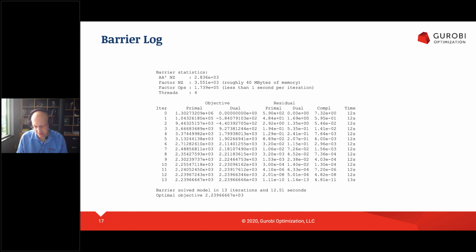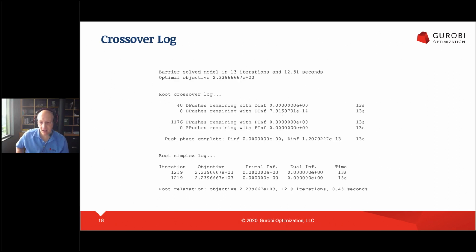And when all of these get small enough, you declare the solution to have converged, and that's your optimal solution. And then the crossover step: once you have that interior solution, you apply a crossover algorithm. The crossover algorithm does a few iterations, and when you're all done, you have a basic solution.